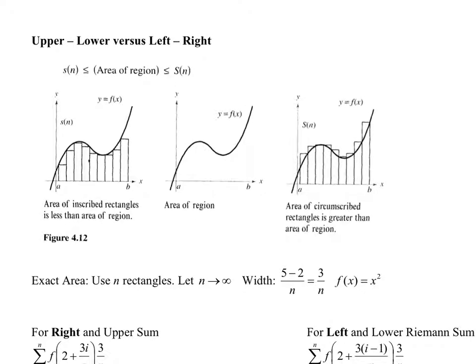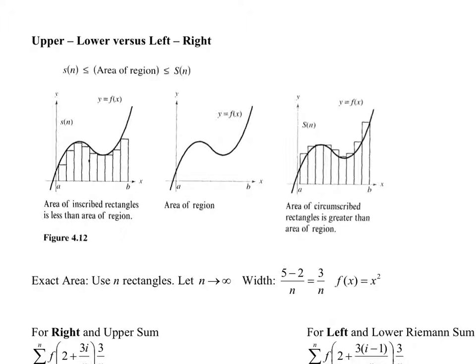We just saw this. The actual area of the region is going to be somewhere between this, which we call the lower, and this, which we call the upper rectangles, okay? Now notice here how this example is slightly different because it's not constantly increasing. All right, look at this here. On some of these rectangles, the left side is hitting the function, but on some, the right-hand side is hitting the function.